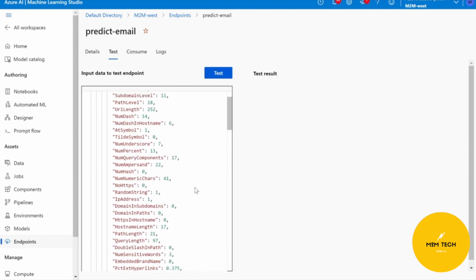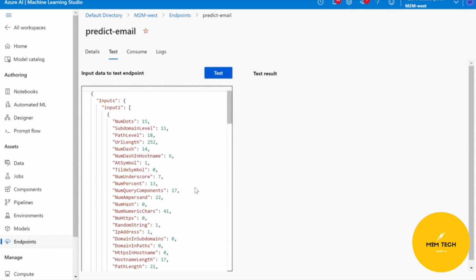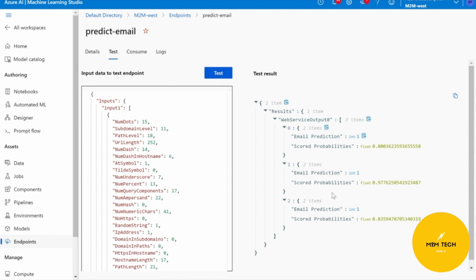I've just given it some random numbers, and clicking that, we can see the results of this testing endpoint.